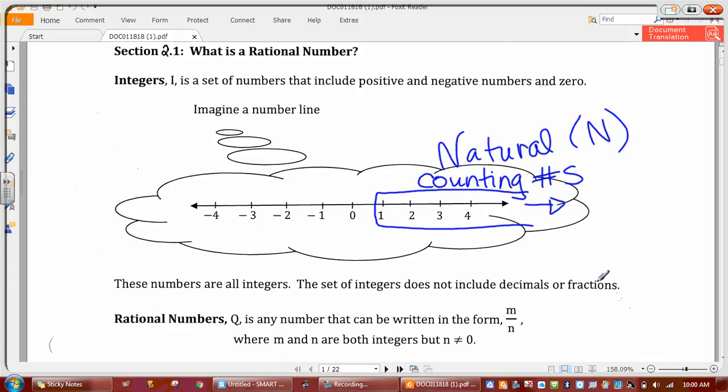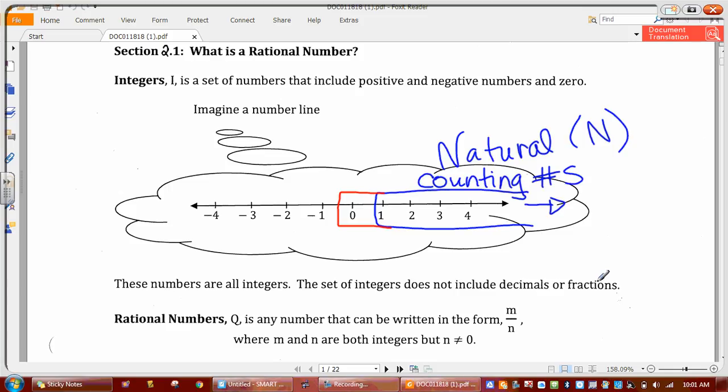Now, if I include one more number on that number line, and I go backwards and include 0, so let's say I include this 0 with all the other numbers going to the right, what do I have? They are whole numbers. A student asks, why doesn't it go past infinity?